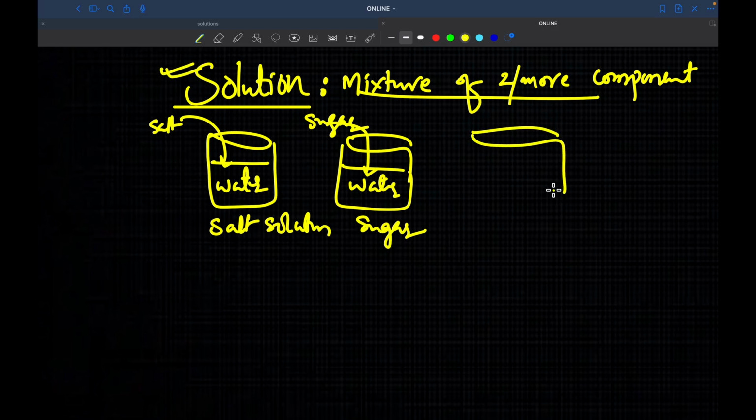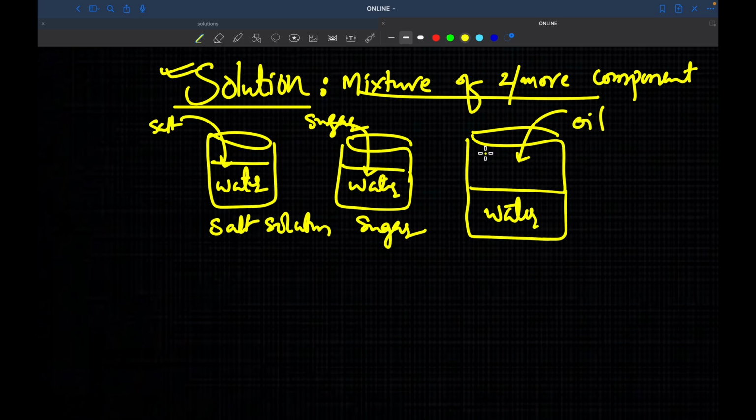I'll give you one more example which is not a solution. Here I have taken water and added a little oil. What difference do you see between this third glass and the first and second glasses? In the first glass, salt completely dissolves in water.